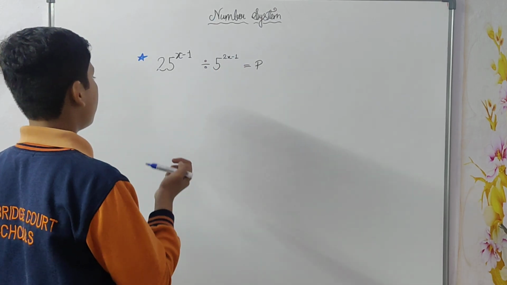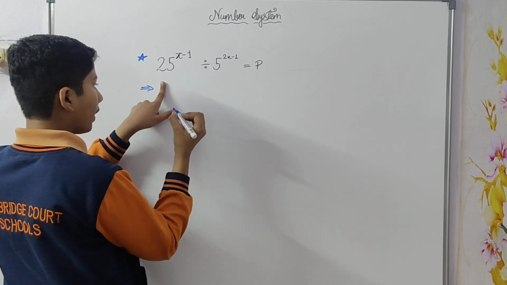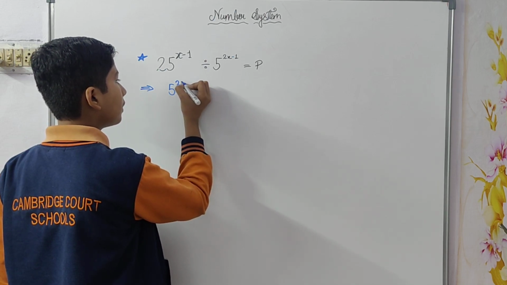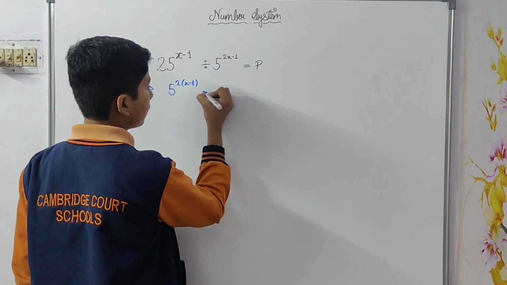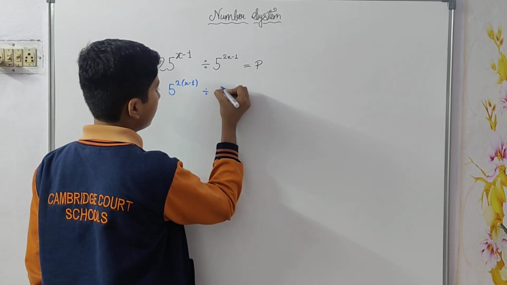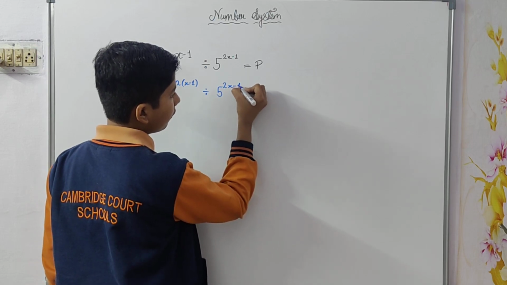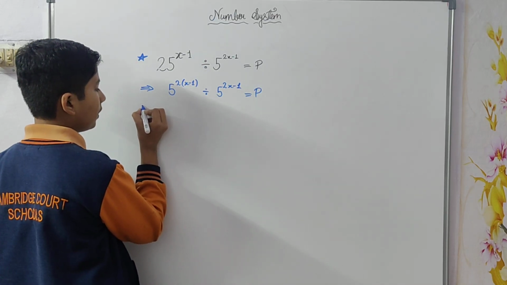So now we will start by simplifying it. 25 can be written as 5 square, and x minus 1 as it is, divided by 5 to the power 2x minus 1 equals p.